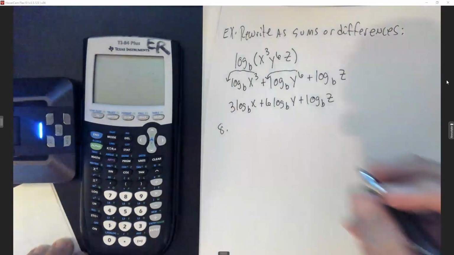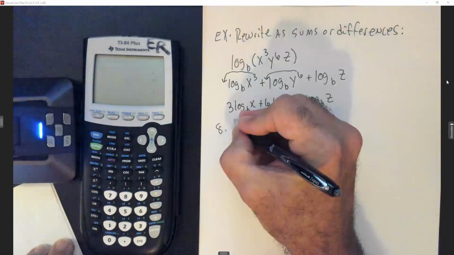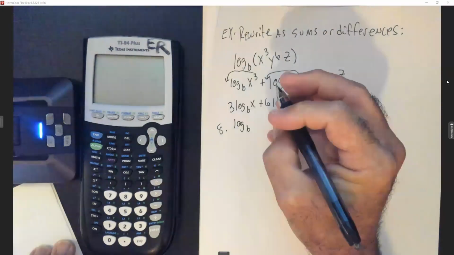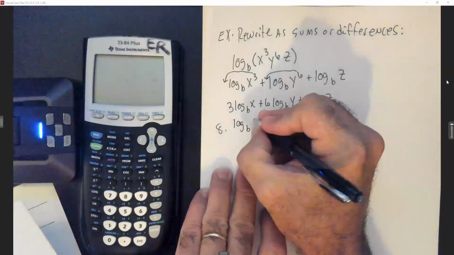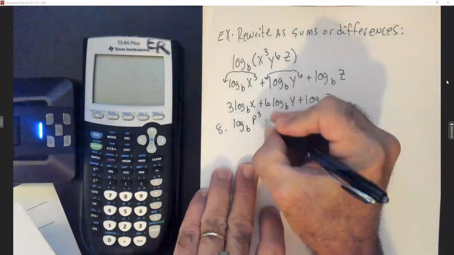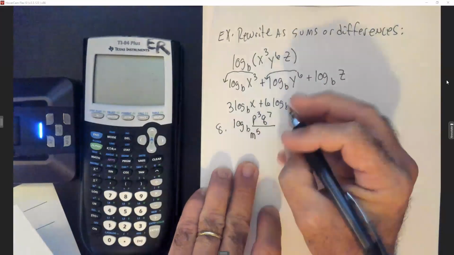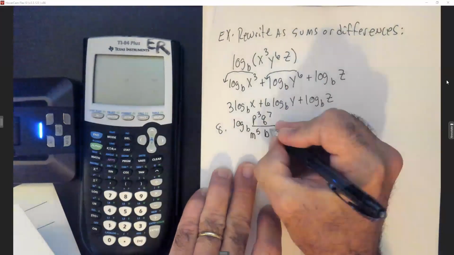All right, this one will have log base b. On the top, I got p to the 3rd, q to the 7th. On the bottom, I got m to the 5th, b to the 7th.